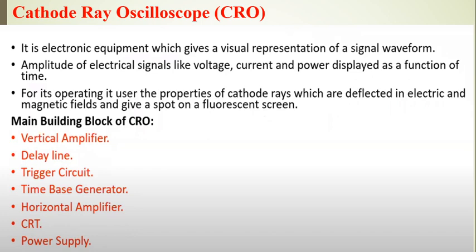The main building blocks of CRO are the vertical amplifier, delay line, trigger circuit, time base generator, horizontal amplifier, CRT (cathode ray tube), and power supply. These are the main building blocks of CRO.